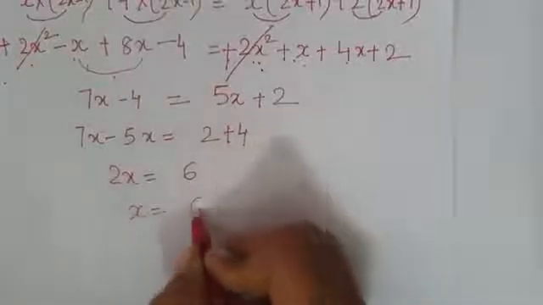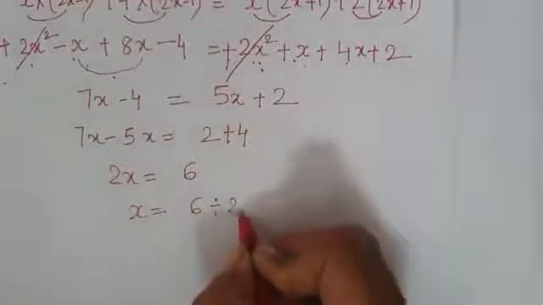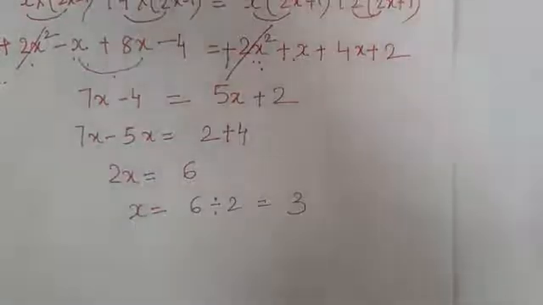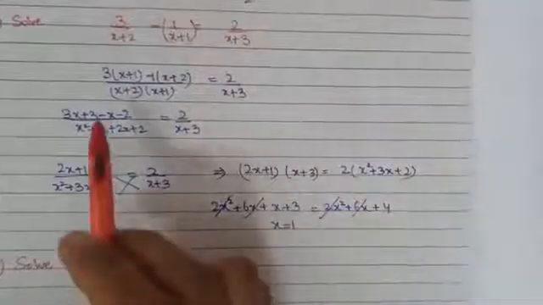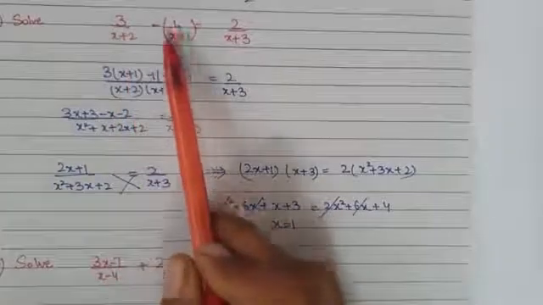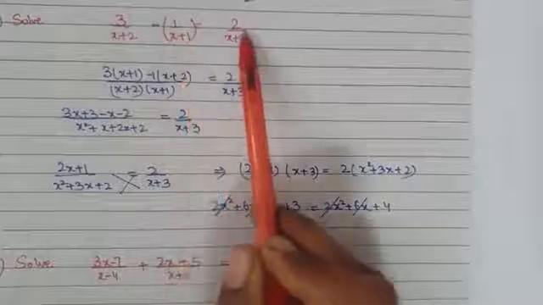So x will be equal to 6 divided by 2, that is 3. Clear children?